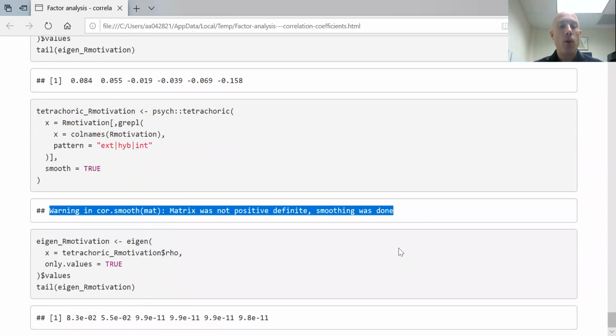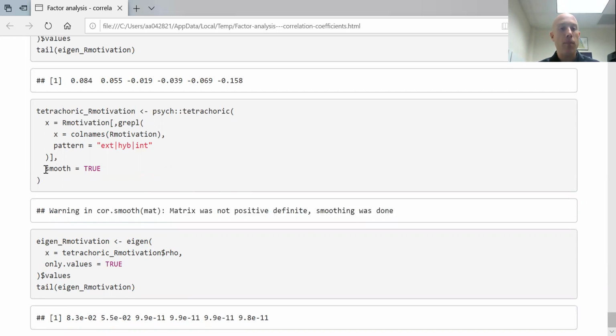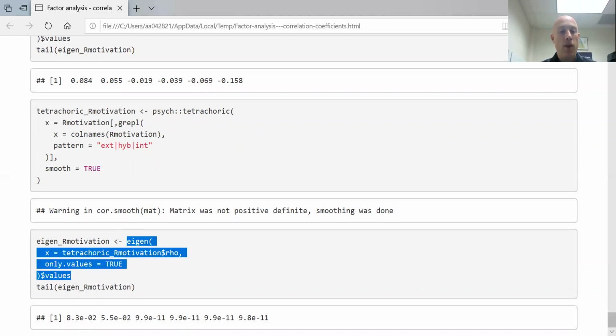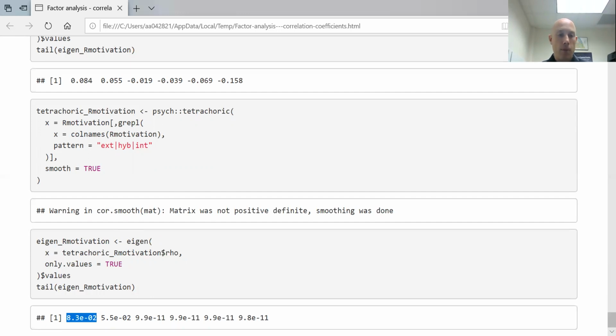All right, so I go through and I run smoothing. I check my eigenvalues. And now here I can see that we have 0.08, 0.05. Now here, all of these are 0. It's not exactly zero in the machine, but I might as well call them zero.